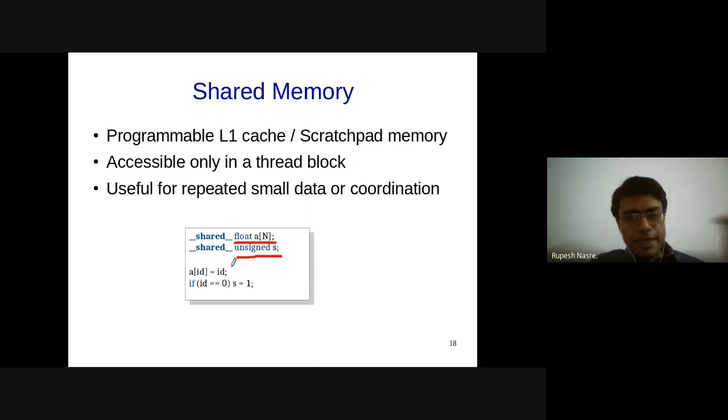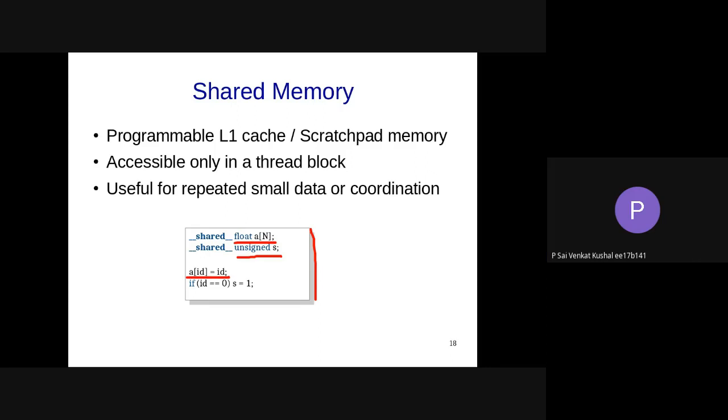And this is all inside the kernel. This particular statement is going to assign to an array element a of id, based on my thread id, equal to something. What would this id be? Any suggestions? Thread ID.